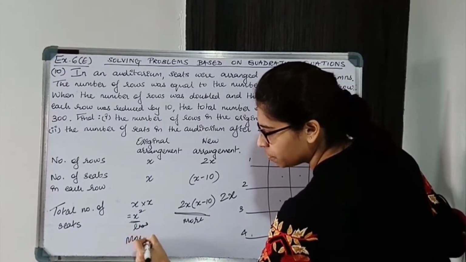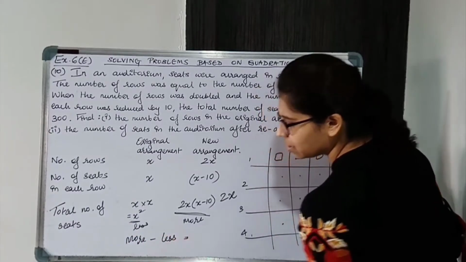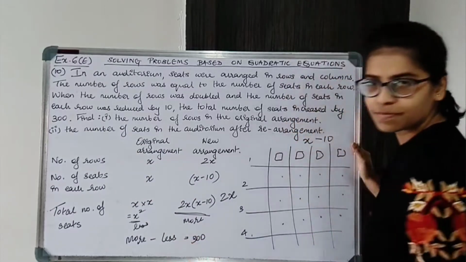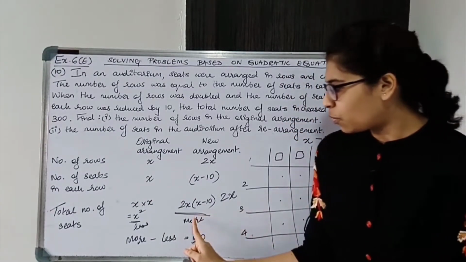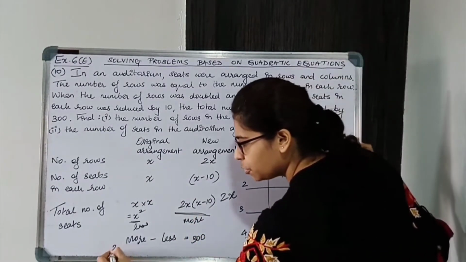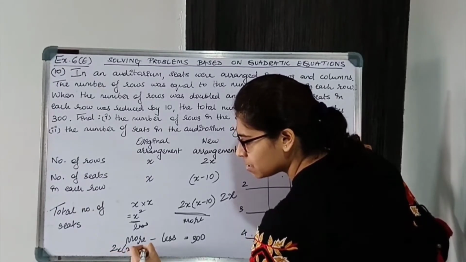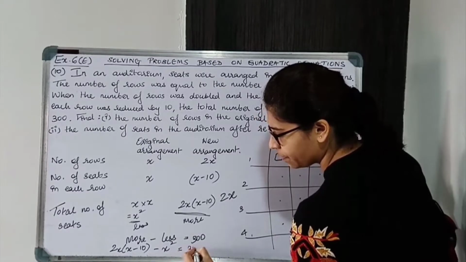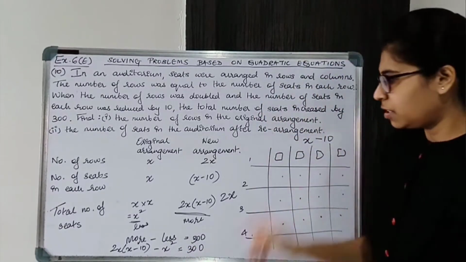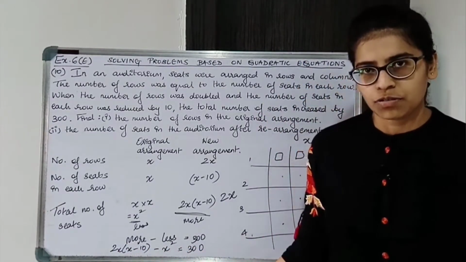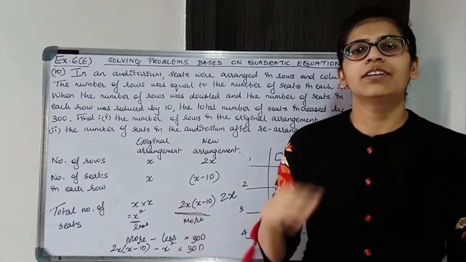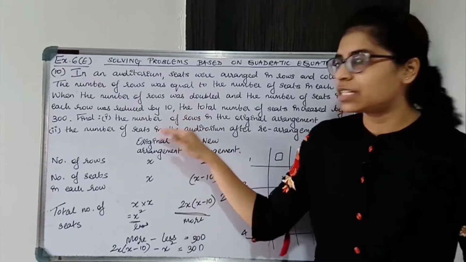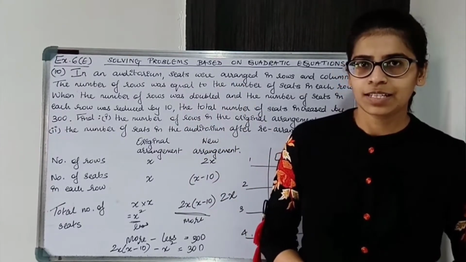More minus less is equal to जितना भी बोला है number. So here there are 2X into X minus 10 seats. Here there are X square seats, is equal to 300. You will get a quadratic equation. So on solving this, we'll get the value of X. So we can easily find out first and second part once we get the value of X.